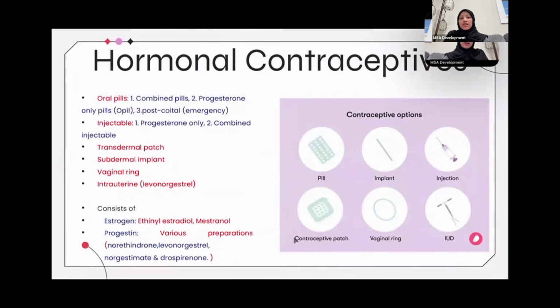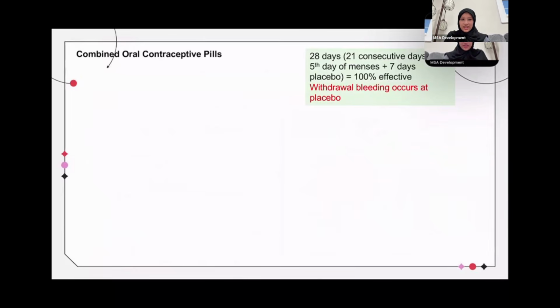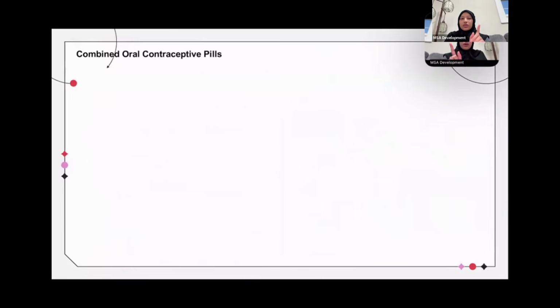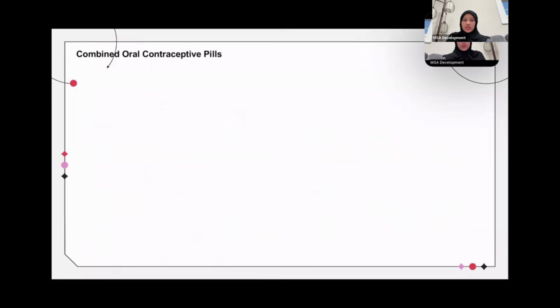Now we said they can consist of estrogen and progesterone, so let's talk more about that. First, we'll talk about oral pills, specifically combined, because that is one of the most common types of contraception. I should mention also, these contraceptive pills can be used for birth control or for symptoms.